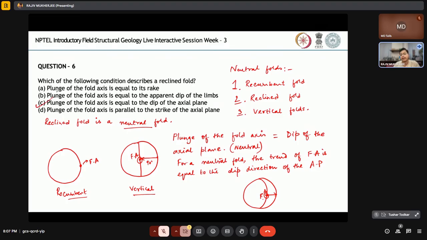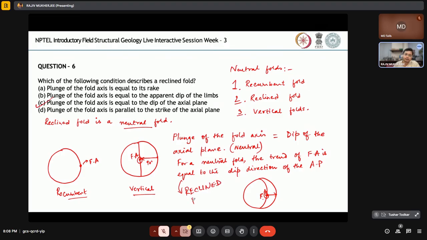And an extra piece of information is that for a neutral fold, sorry, for a neutral fold the trend of the fold axis is equal to the dip direction of the axial plane. That would be defined as the reclined fold, right?